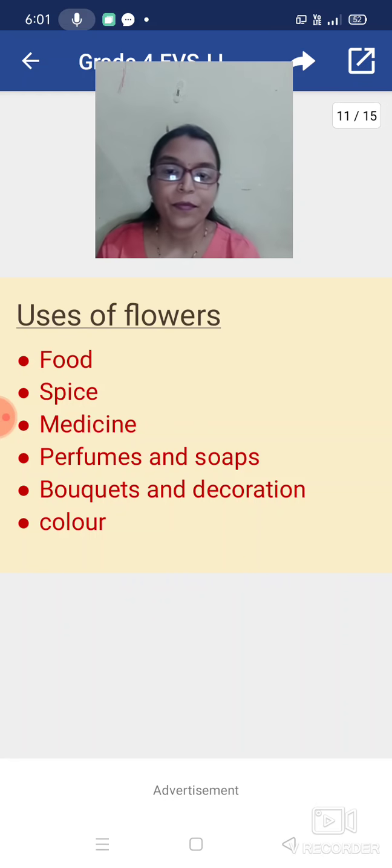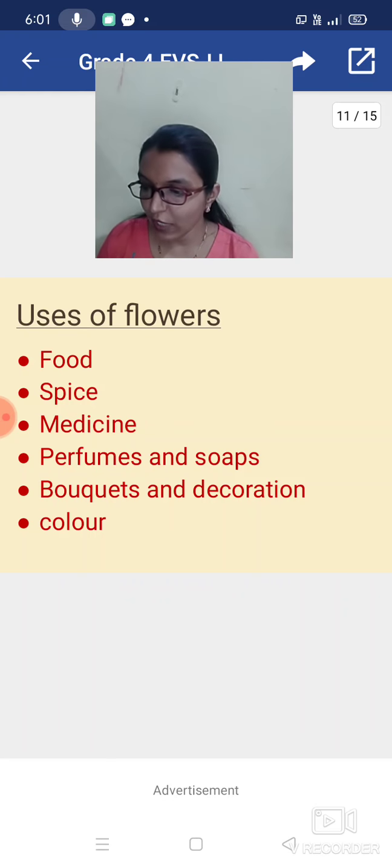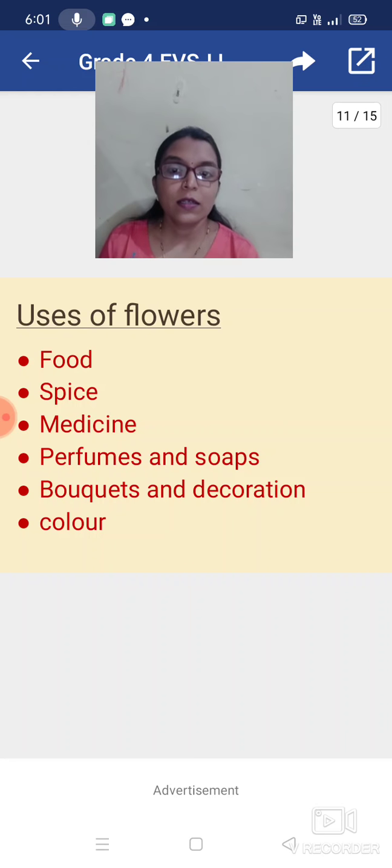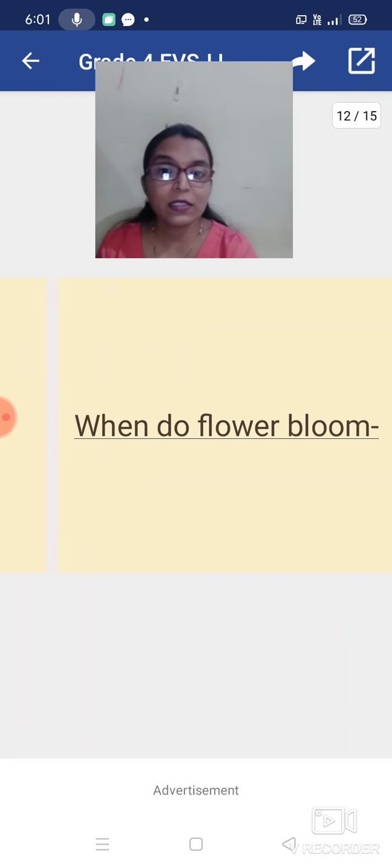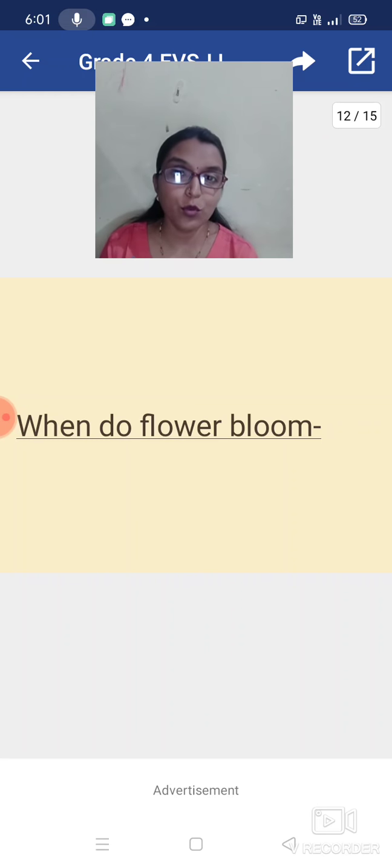So in that lesson we have studied about roots and flowers. Let us learn more about flowers on the basis of when they bloom.